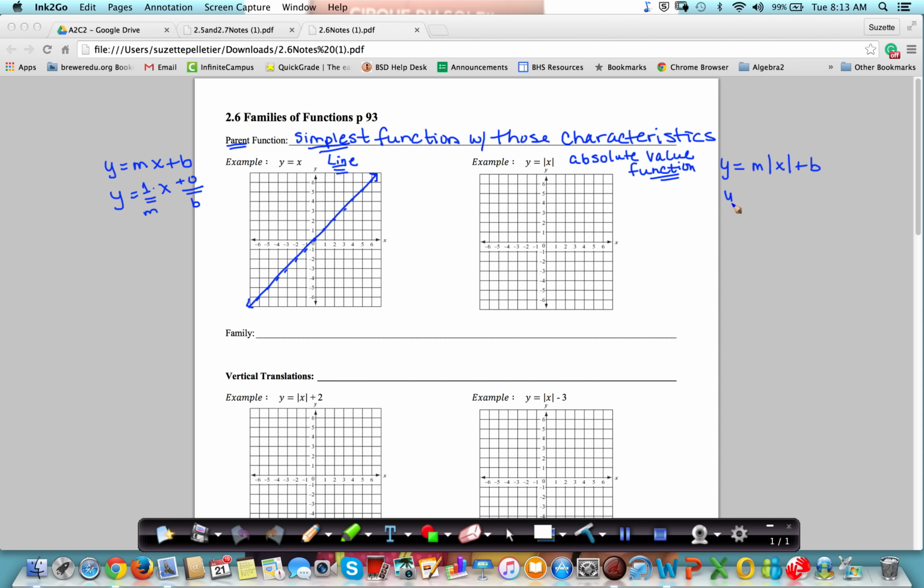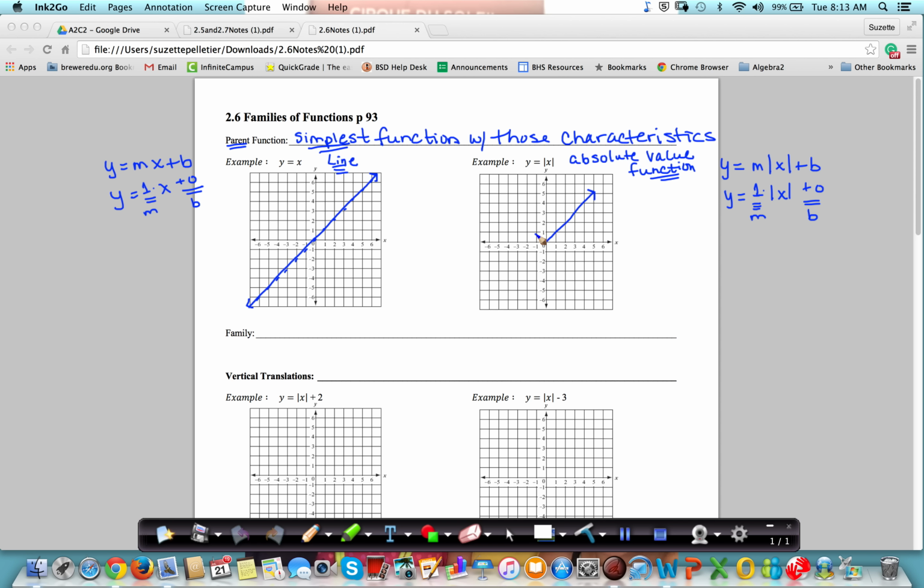So if I have y equals the absolute value of x, then again, my slope must be 1, and nothing here where b is, which must mean it starts at 0. So in the absolute value function, it starts here at 0, and again, each side of your absolute value goes up 1 and over 1.